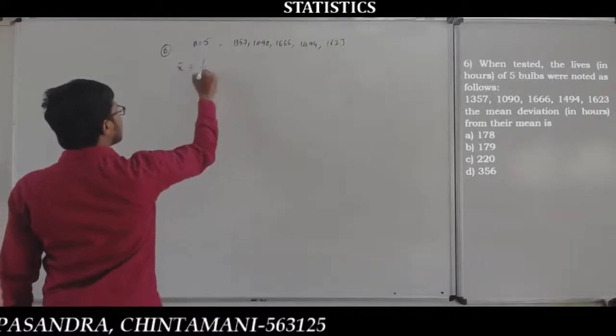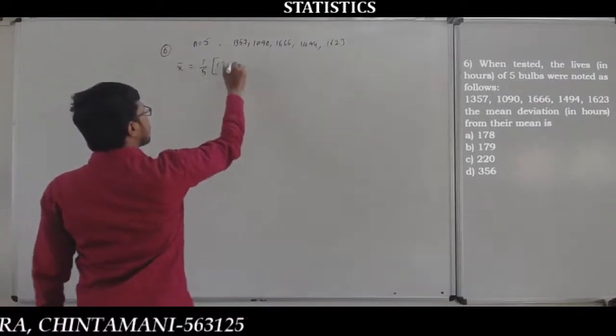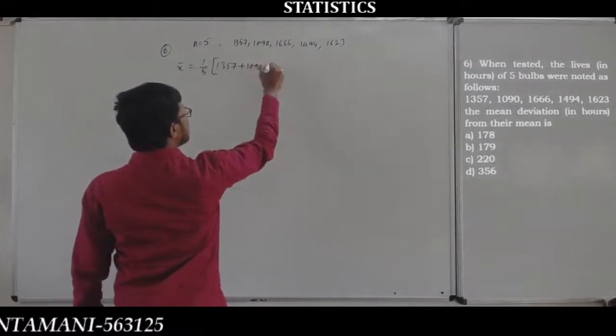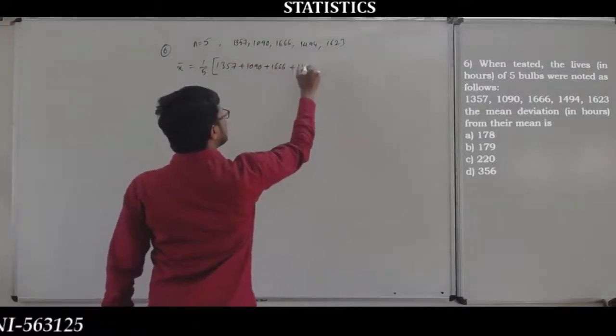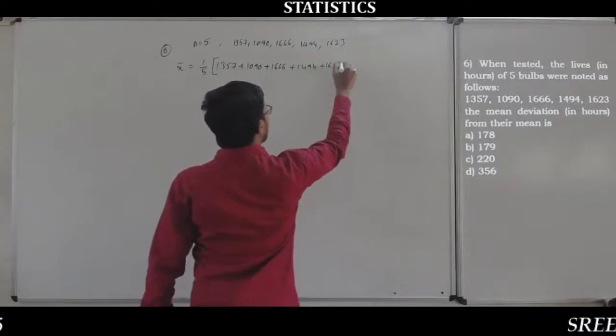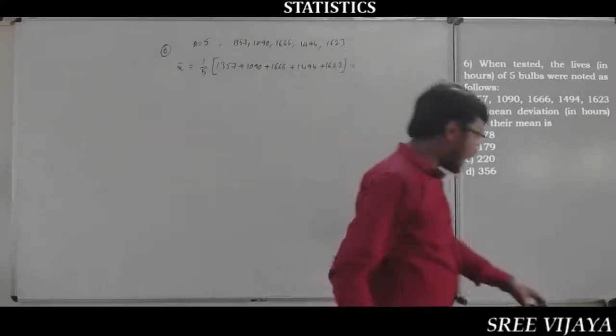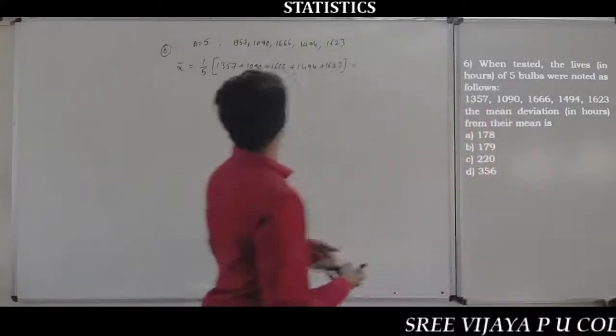X bar is equal to 1 by 5 times 1357, 1090, 1666, 1494, 1623. So add all the values and divide by 5.